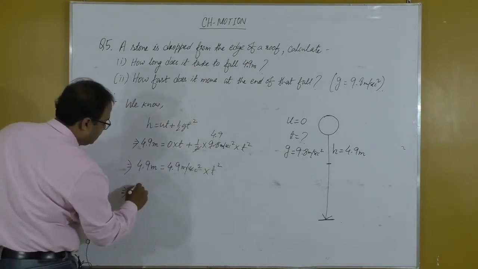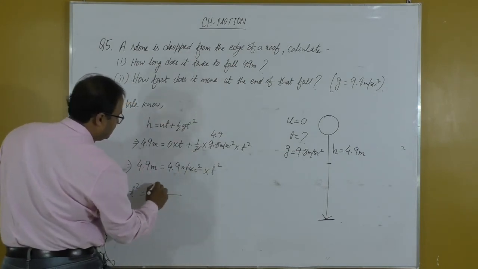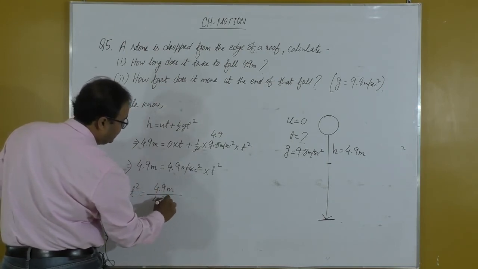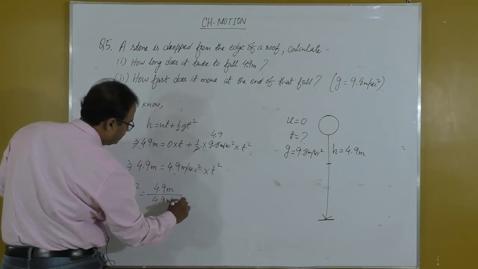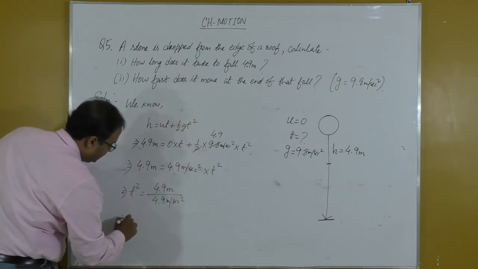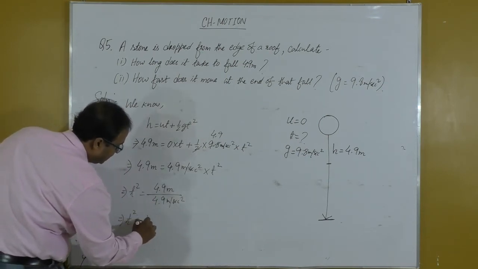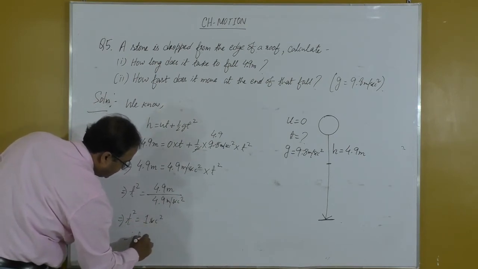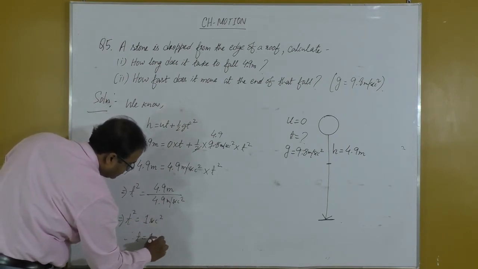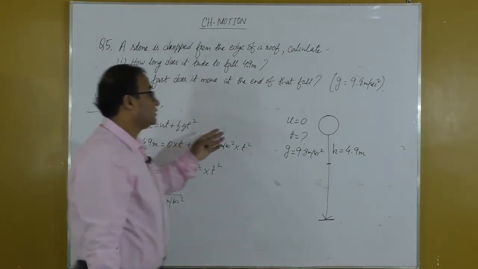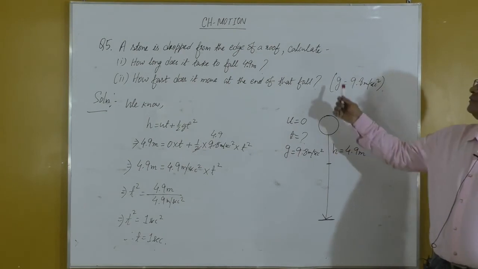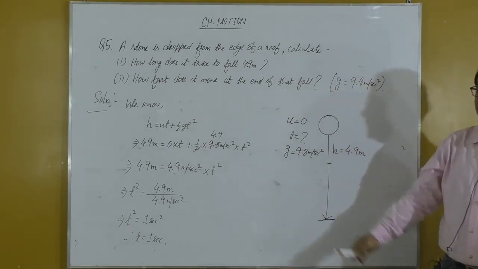So t square is equal to 4.9 meter by 4.9 meter per second square. t square equals, you will get 1 second square. Therefore t is equal to 1 second. So the time required by the stone to fall by 4.9 meter is 1 second.